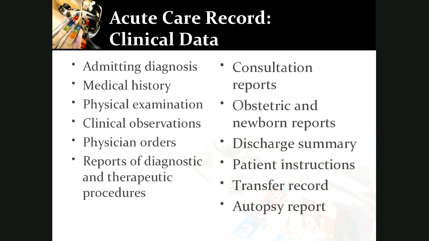Medical history. If they had a family history of cancer, that would certainly be pertinent, right? Or a history of abdominal pain, or, you see where we're going with this. Physical examination.